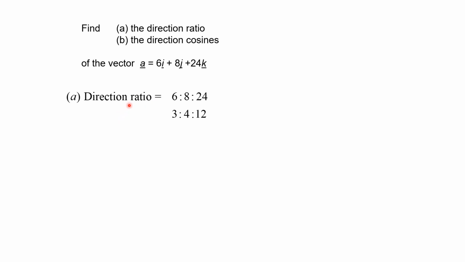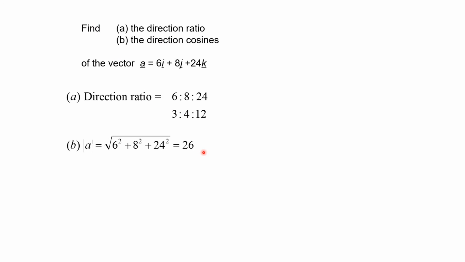So you have 6 ratio 8 ratio 24. As a basic rule of thumb, when you have a ratio, you need to simplify it. So we divided everything by 2 and got 3 ratio 4 ratio 12. That is known as the direction ratio.